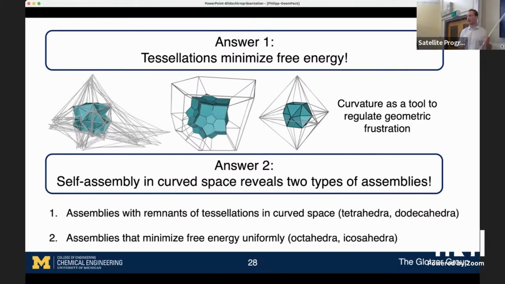Examples are the tetrahedra or the dodecahedra, where I can identify beta manganese in the quasi-crystal as defected tessellations. And we have assemblies that minimize free energy uniformly, which are, for example, octahedra and icosahedra, where we saw this geometric frustration escape.